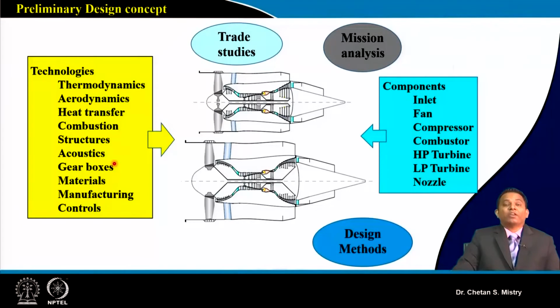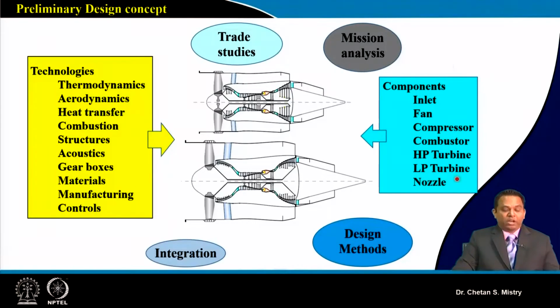After doing all this, we look at the integration of different components. The engine comprises different components: inlet, fan, compressor, combustion, HP turbine, LP turbine, and nozzle, all of which need to be integrated. That's where the integration part comes into the picture. There are terminologies called matching of these components: aerodynamic matching, thermodynamic matching, and mechanical matching.